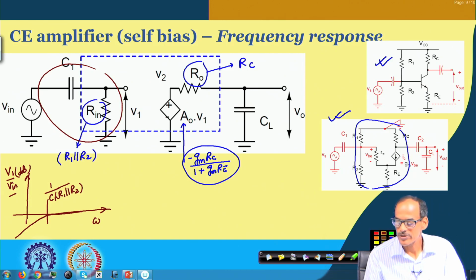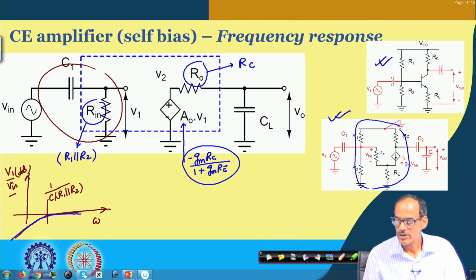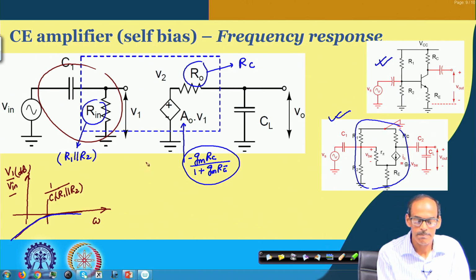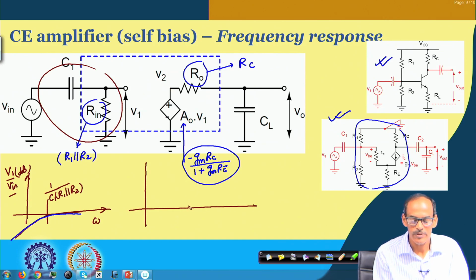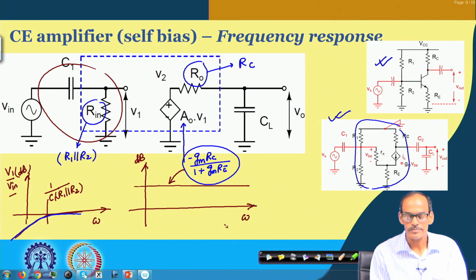So, the frequency response of the CR circuit is given here, and the middle portion is basically the amplifier part, which has good gain, and the gain here comes from G m into R c divided by 1 plus G m into R e. It may not be very high, of course, and we have to convert it to dB scale. And the frequency is in radian per second.